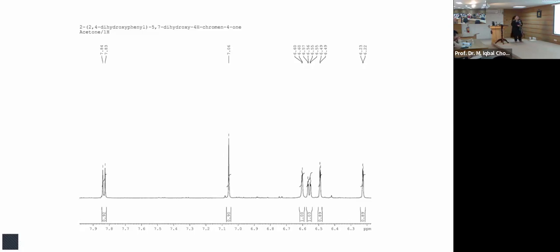So you need to subtract 7. As a matter of fact, you may not get it correct because here it's 7.84. To get an accurate value in proton NMR, you should have 3 digits after the point.